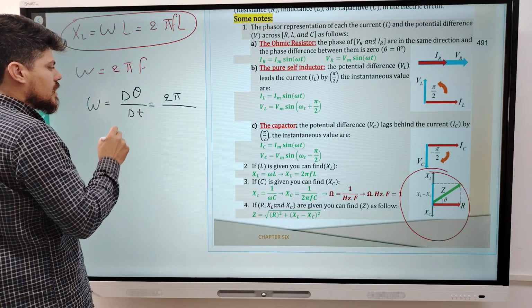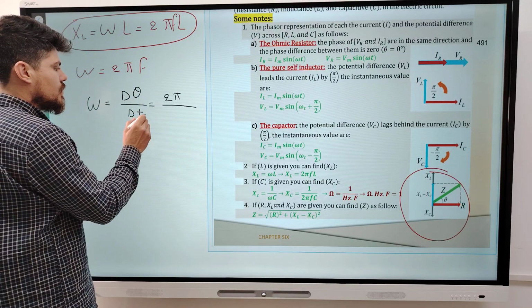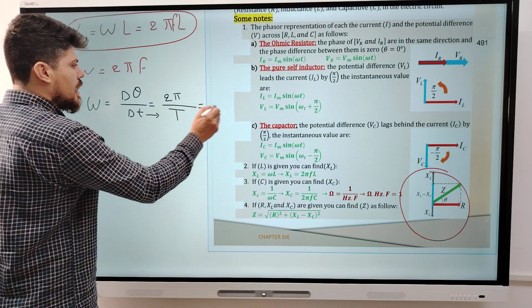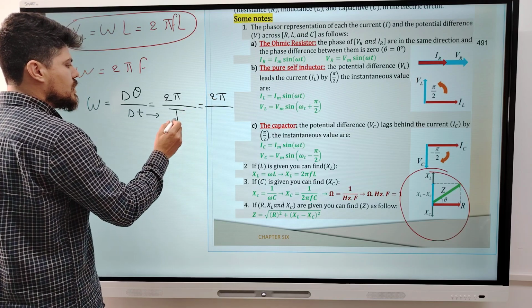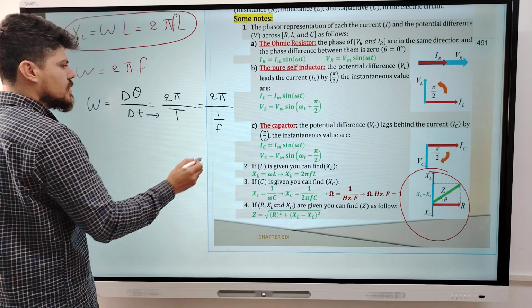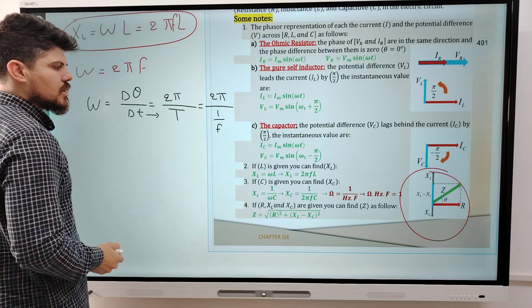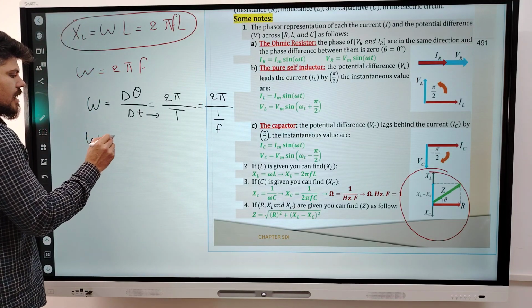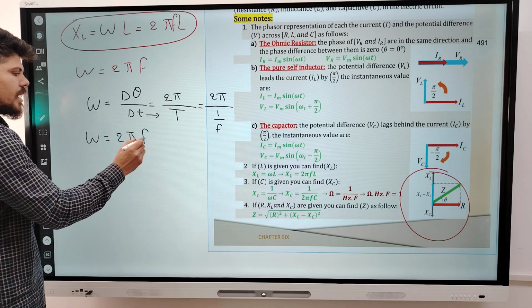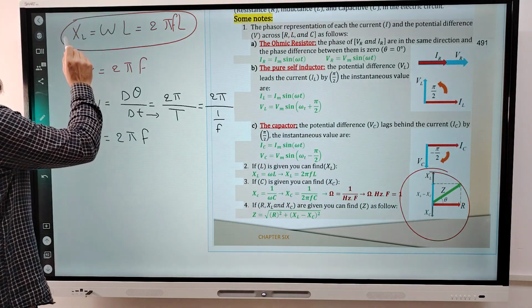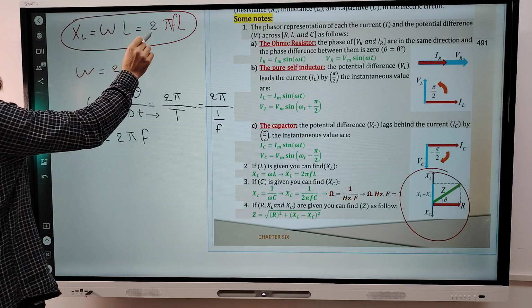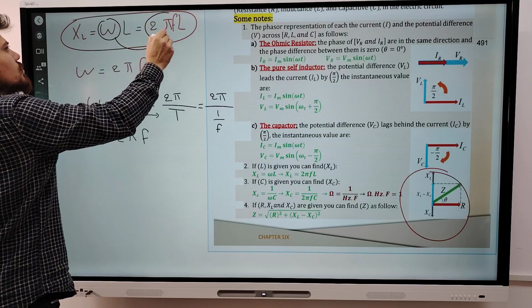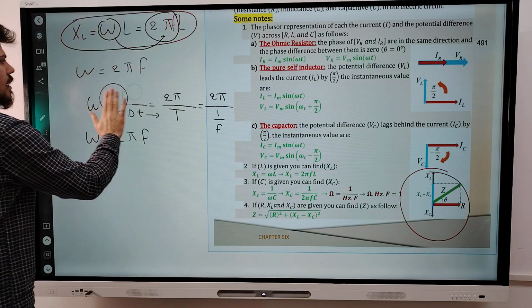Instead of the time interval, we have the period. So omega is 2 pi over the period, and the period is equal to 1 over F. We have two fractions, so according to basic math you have to flip the frequency, and omega becomes 2 pi F. That is why XL is equal to omega L, or 2 pi F L.